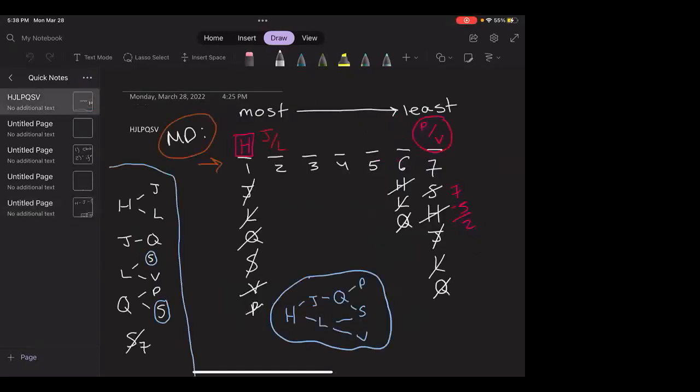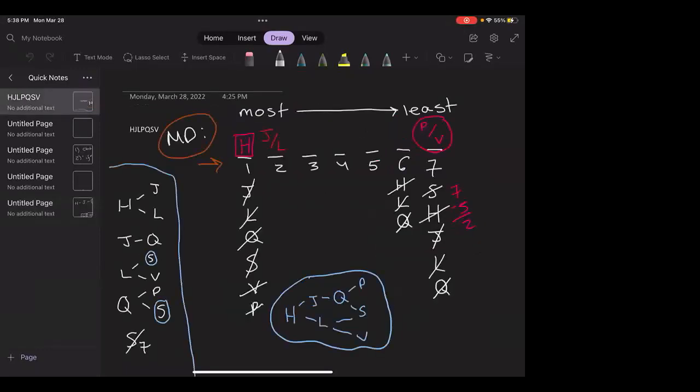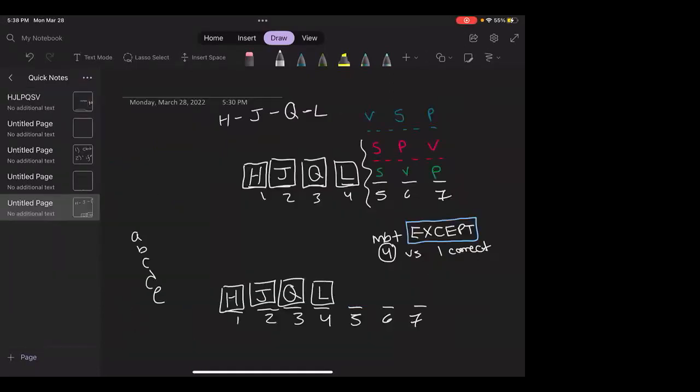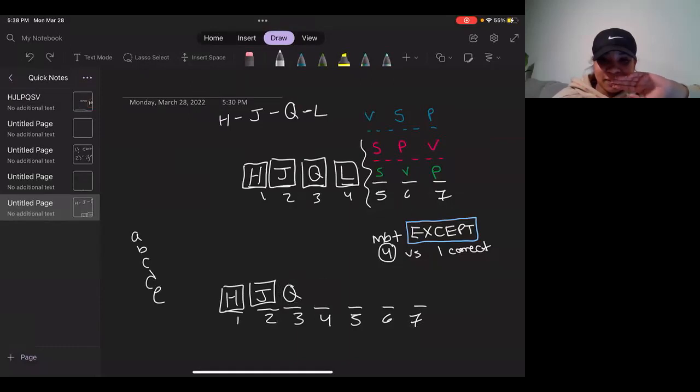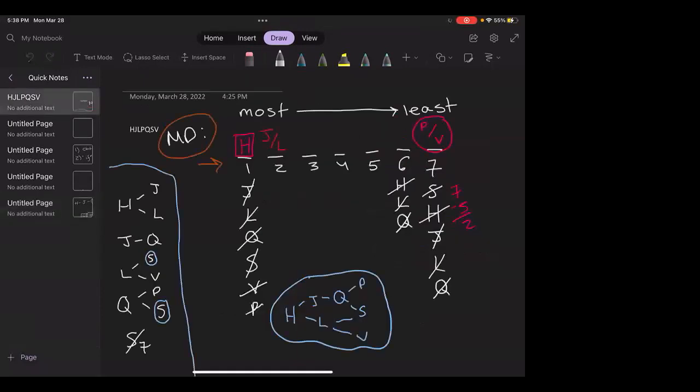And then we have Q before L. Okay, then we have P, S, V. I figured it out. So we know Q has to be third. Okay, Q.